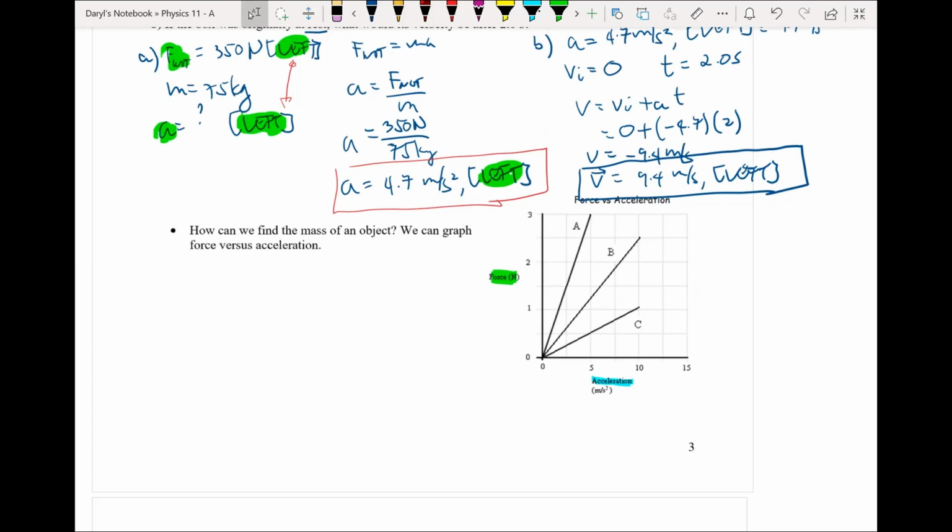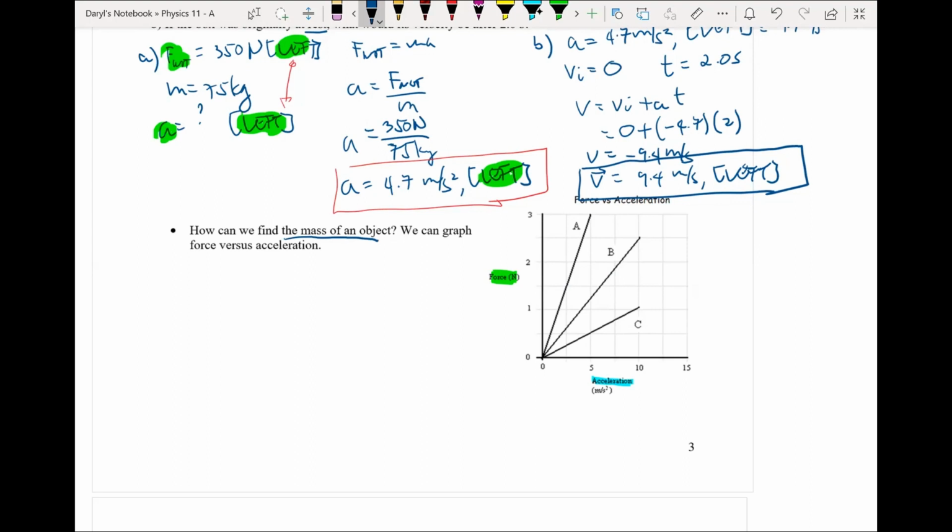Okay. So you're given the graph between the force and the acceleration. For different cases here, you have straight lines A, B, and C. So this is force against acceleration. How can we find the mass?